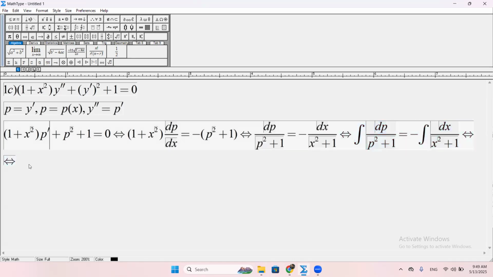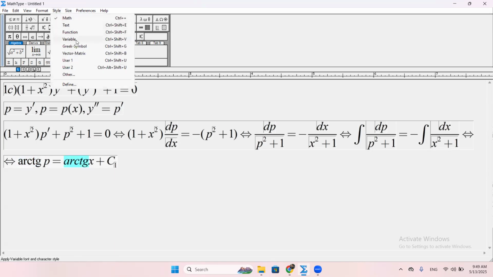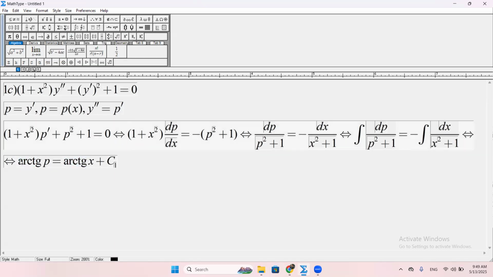Okay, so what we have? Arctangent of p equals arctangent x plus c1. Then p equals tangent of the following expression, arctangent x plus c1.